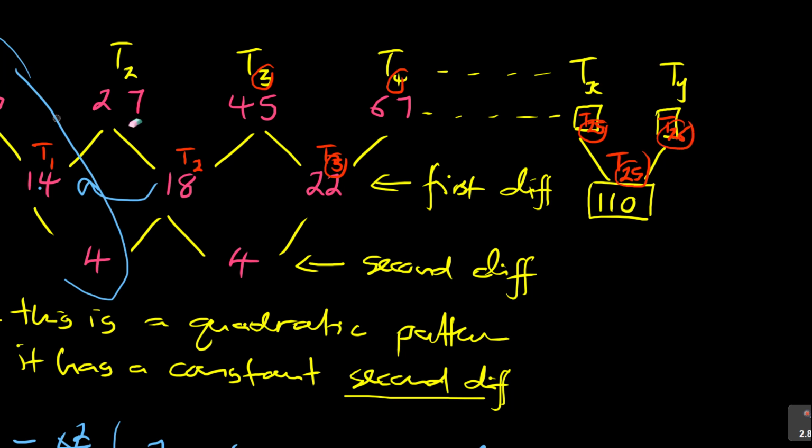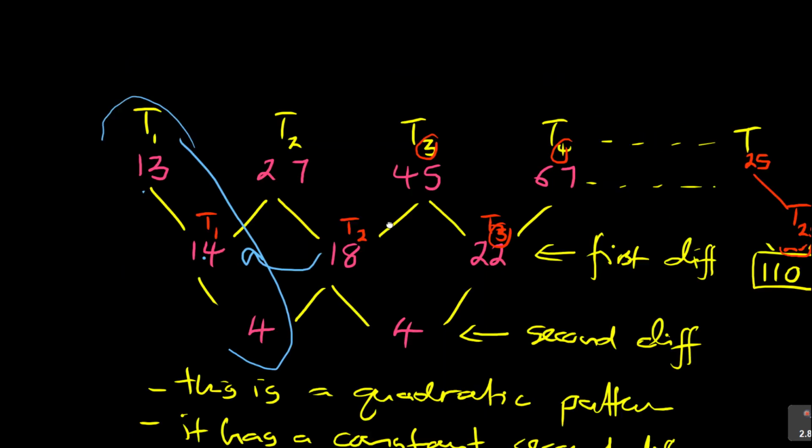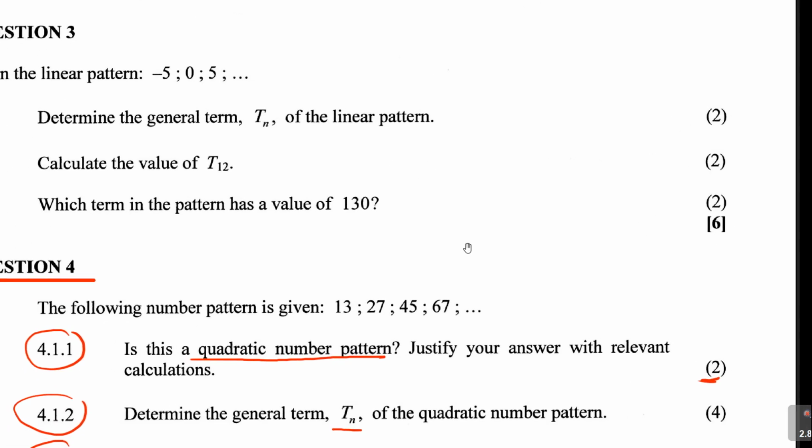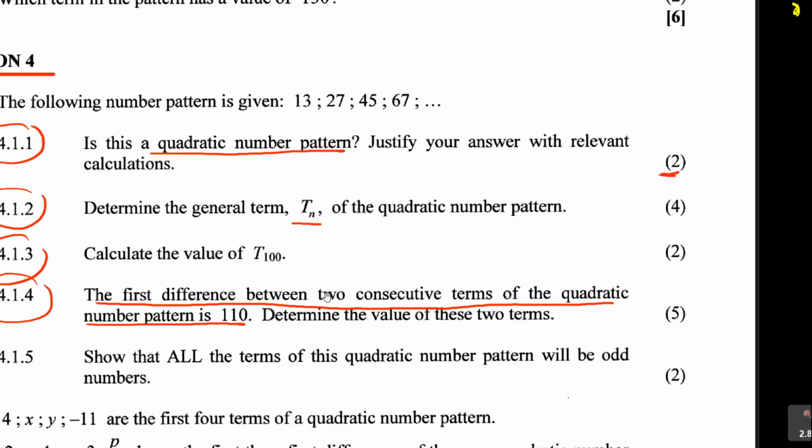Are you seeing that? So here, if I can just be clear about this one, I will be having T25, T26. Now the question is simpler. The question was to determine the value of these two terms.